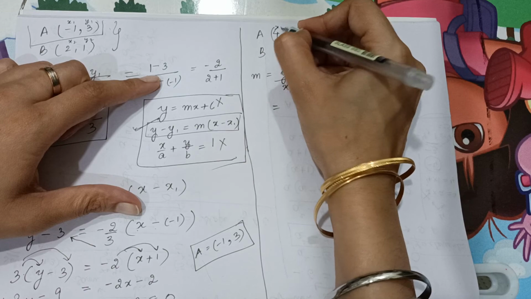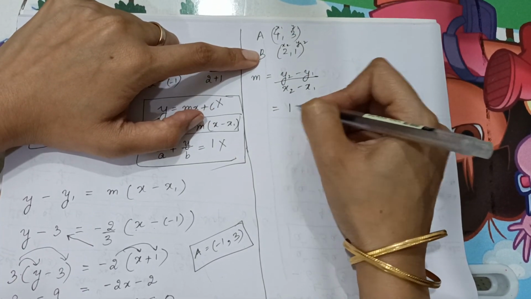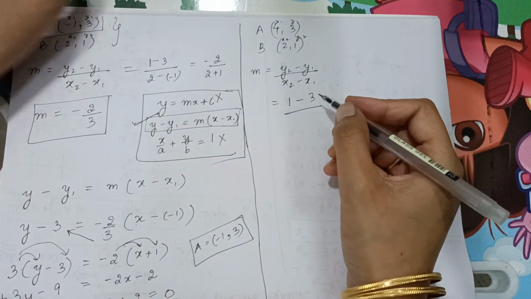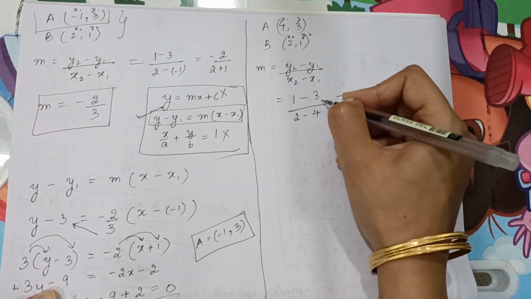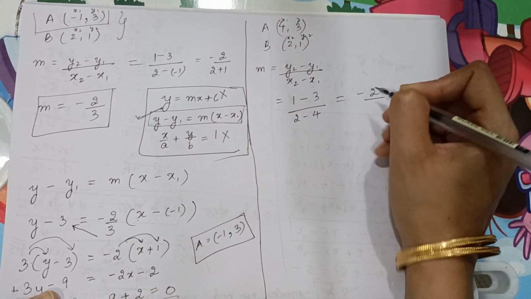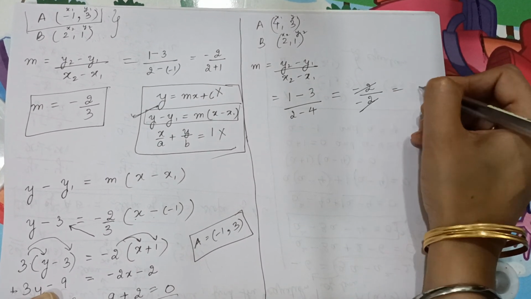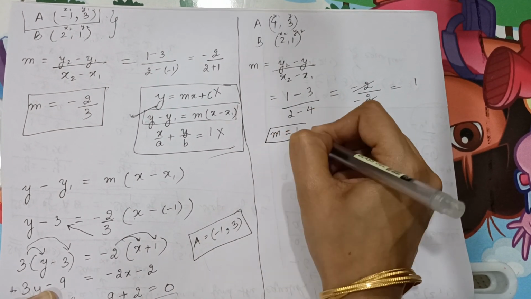So we can write here x1, y1, x2, y2. y2 is 1 minus 3 upon x2 is 2 minus 4. So 1 minus 3 is minus 2, 2 minus 4 is again minus 2. So minus 2 and minus 2 will get cancelled. So the slope's value we have got is equal to 1.